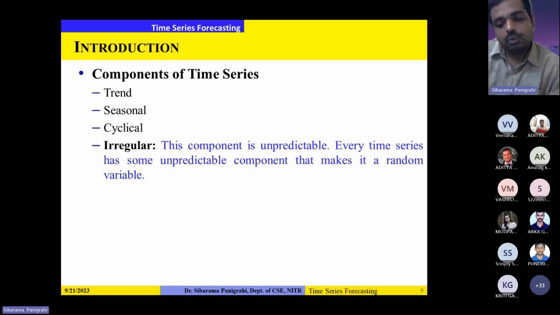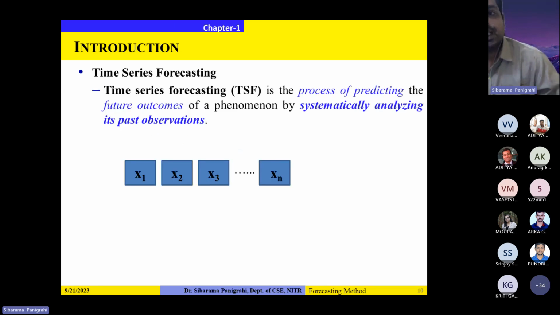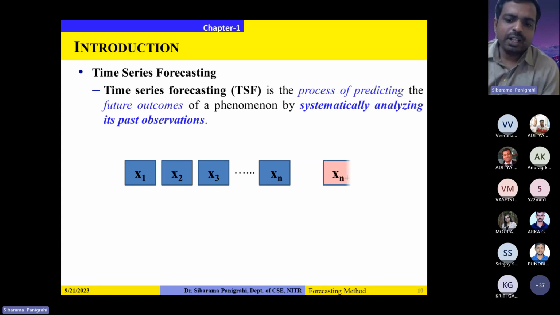Now let us go through what exactly time series forecasting is. Time series forecasting is the process of predicting the future outcomes of a phenomenon by systematically analyzing its past observations. For example, we have observed a time series from x1 to xn. If we want to predict xn+h by analyzing x1 to xn, then it is called time series forecasting.